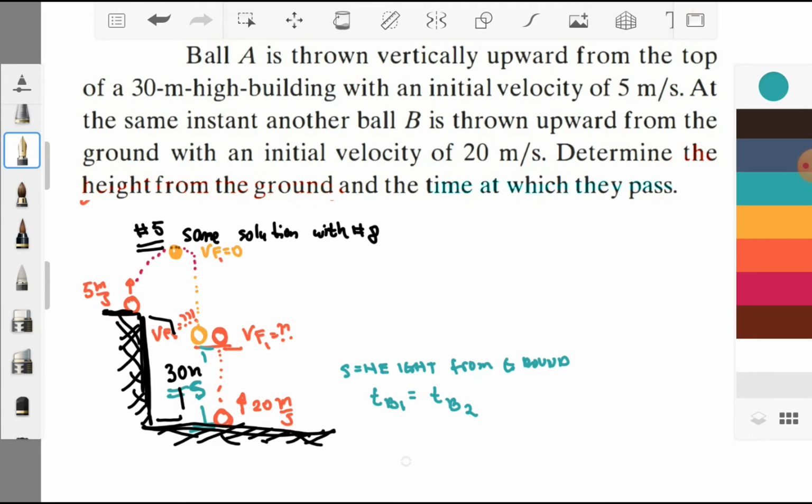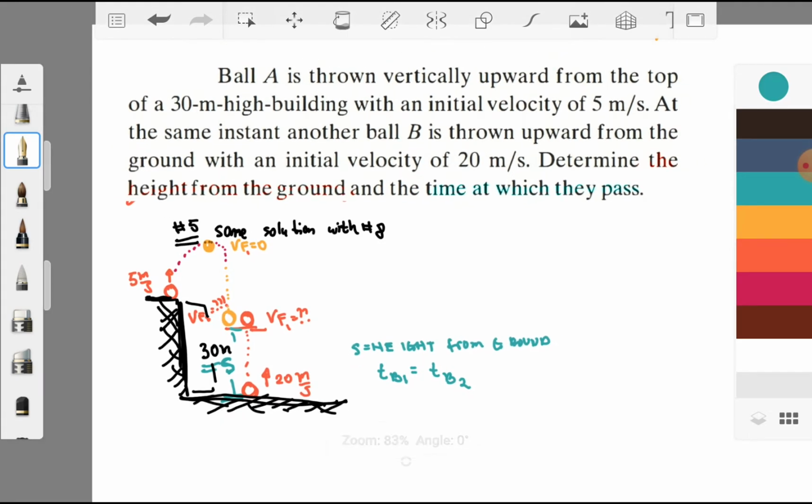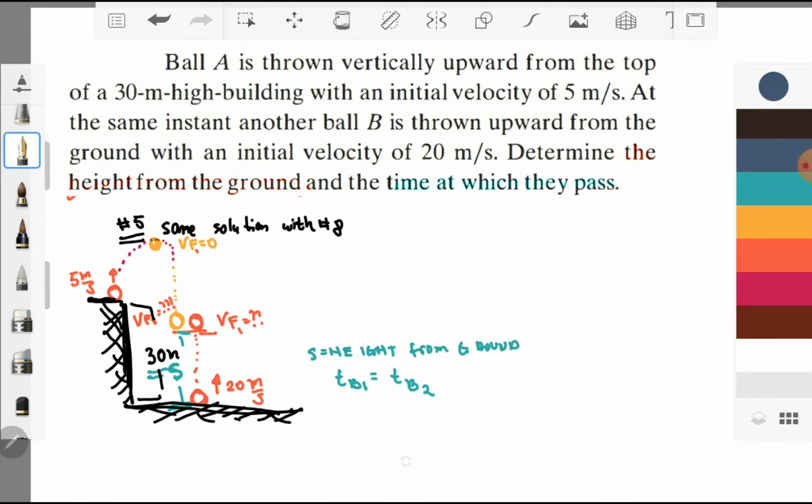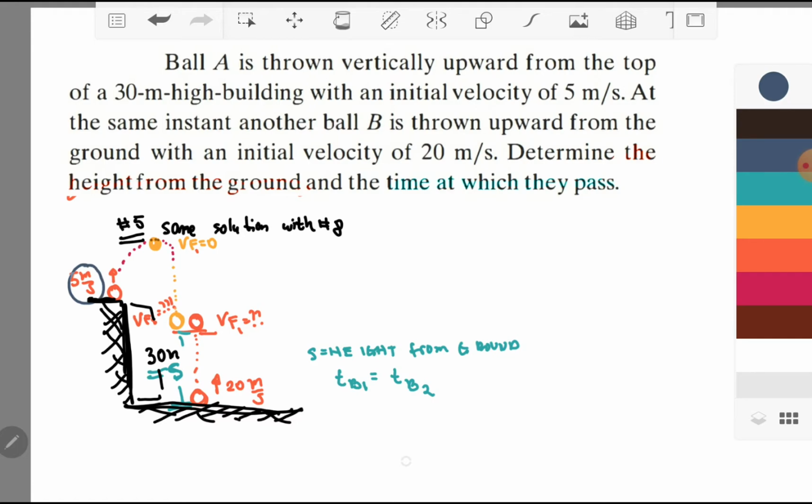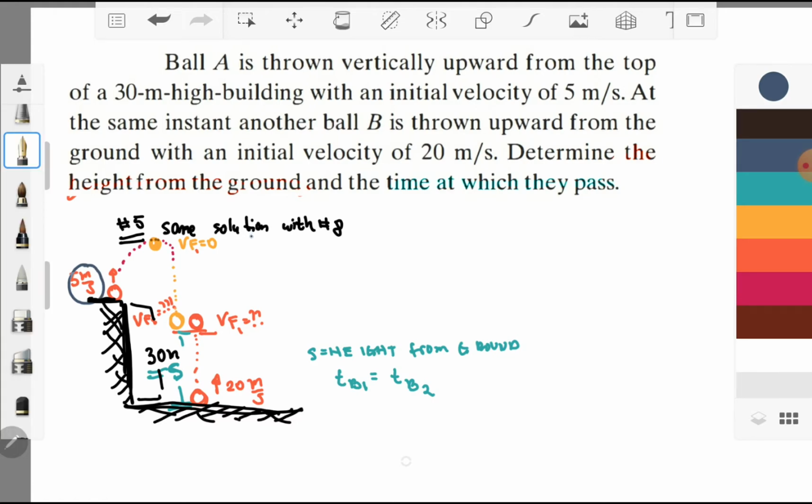Okay. My first method will be is that I will find the height at which this 5 meter per second ball will have its maximum value in which VF is equal to 0. So let's say this will be my first height. Okay, this will be my first height. So let's say this will be my S1.